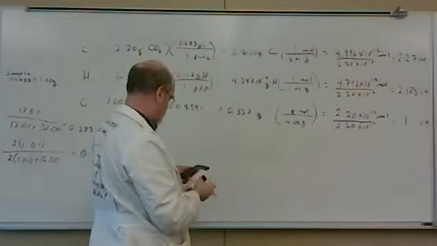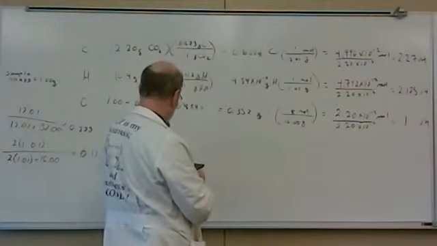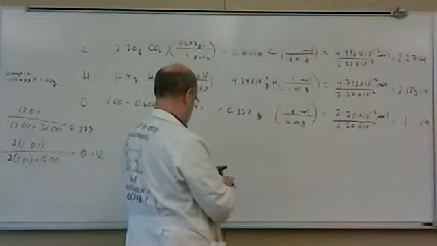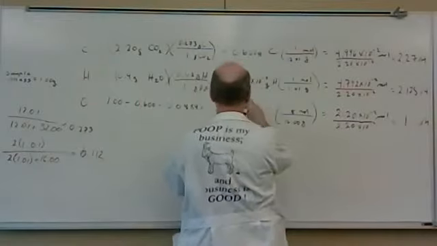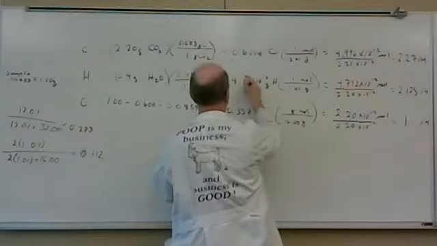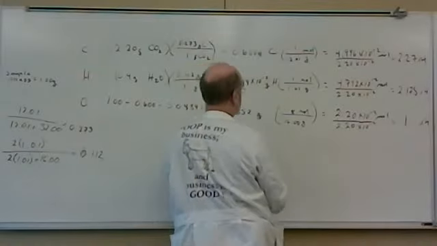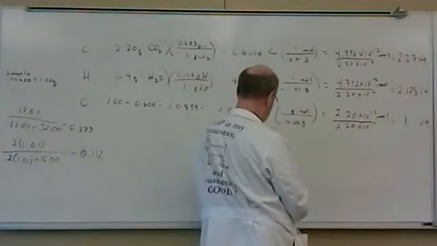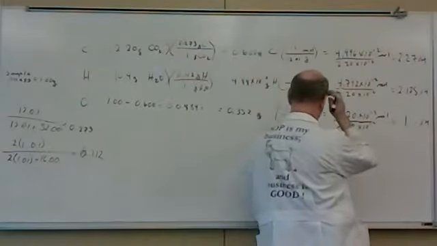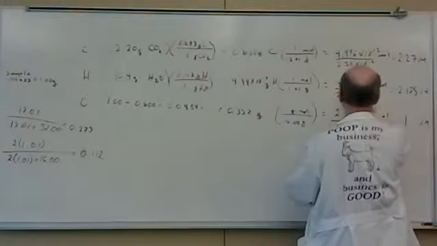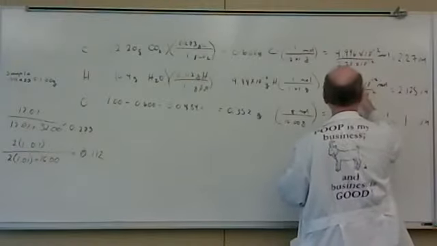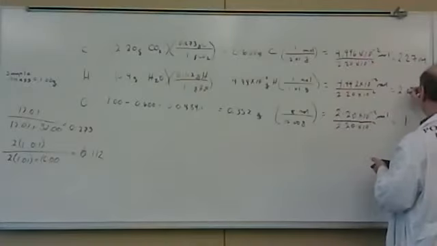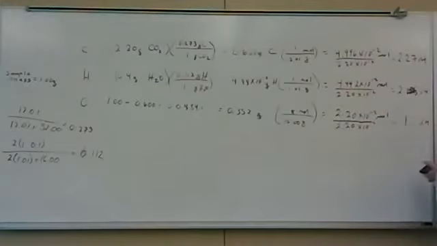There we go. So 0.112 times 0.4 is 0.0448. Divided by 1.01 is 0.0444. And that gives us 2 times 4 is 8.